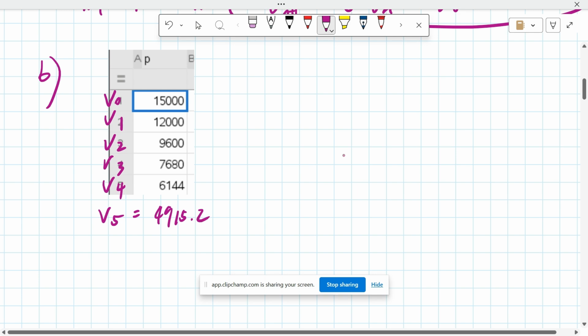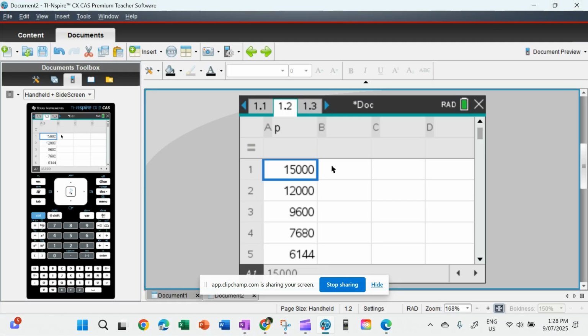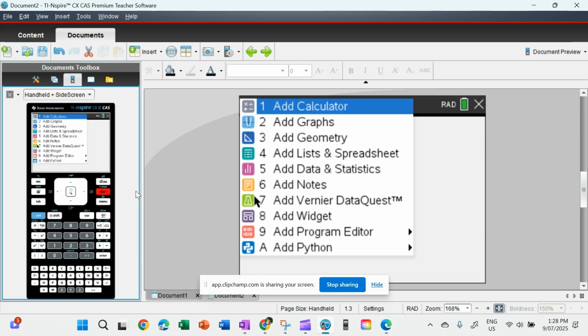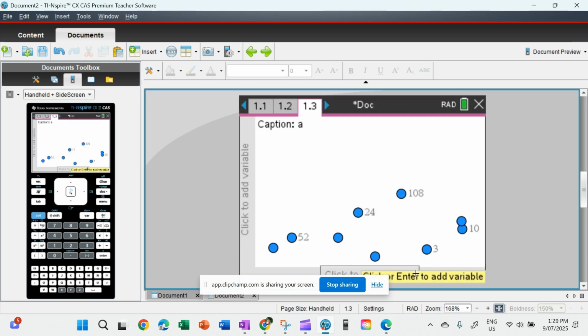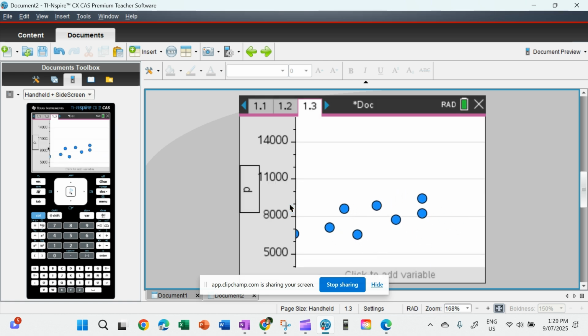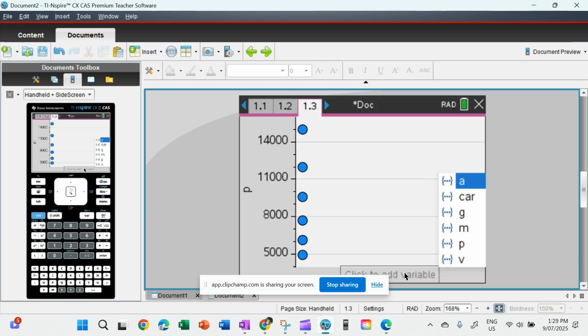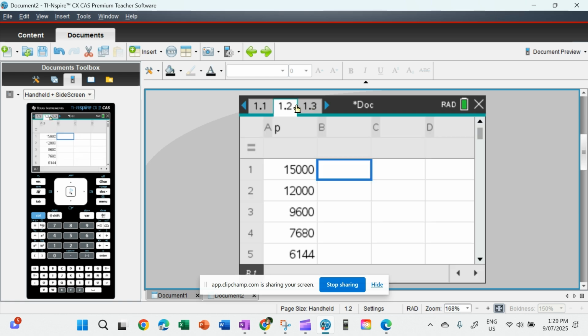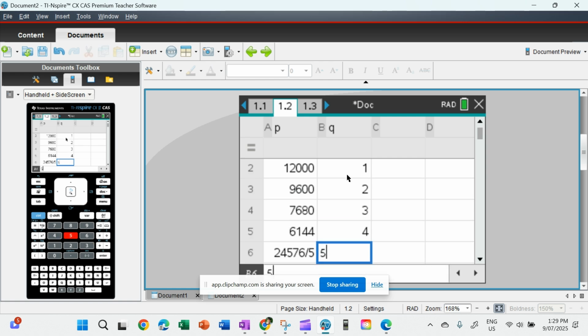That's it. And to draw the numbers, press control and go to the statistics. What we do is set that one as P, and the values, oh sorry, I forgot to put the values in, as V, maybe not C, V or C, Q. So 0, 1, 2, 3, 4, 5.